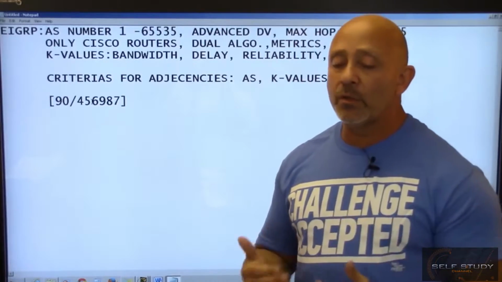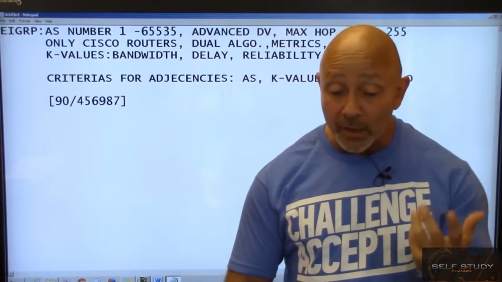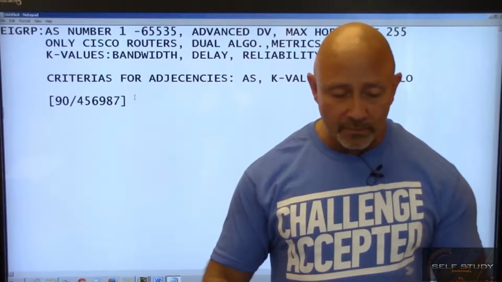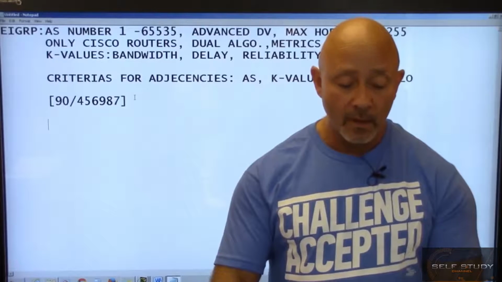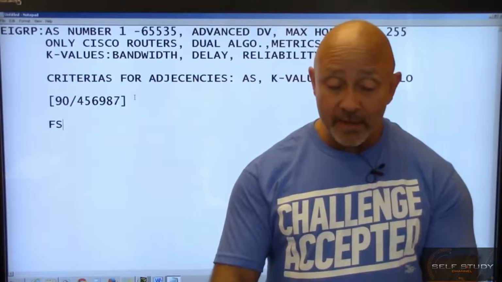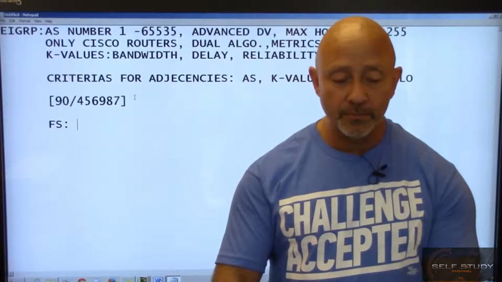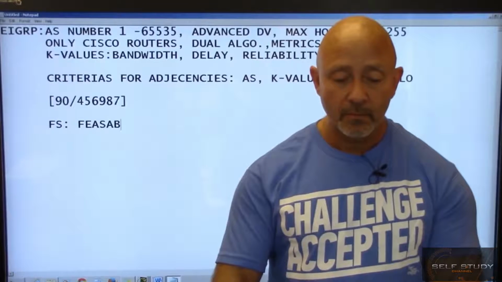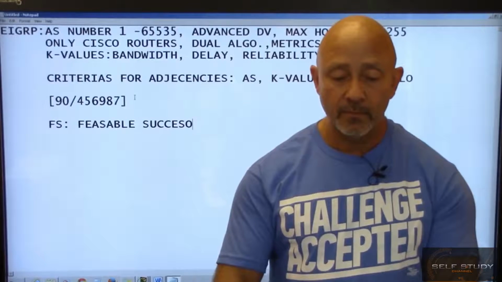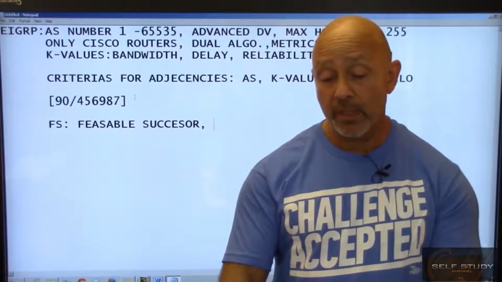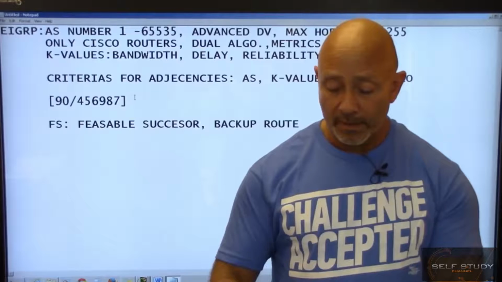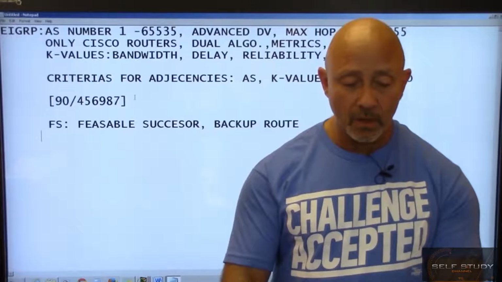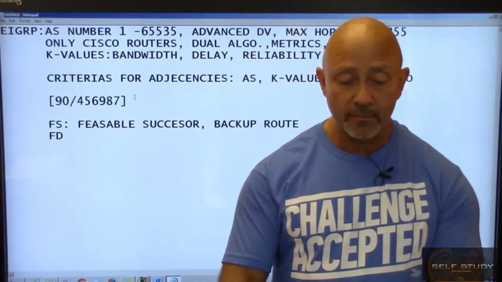So EIGRP uses things, and this is more terminology that you need to be aware of, because EIGRP uses something called feasible successor, FS, which means a backup route. You also have something called a feasible distance.